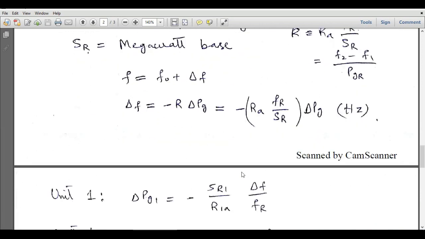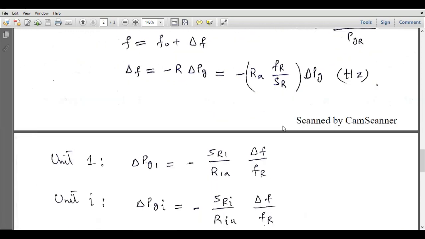So we are moving towards a very important set of equations which we will use in solving our group problems. So from here we can write delta PG equal to minus SR over FR into delta F over R1, right?